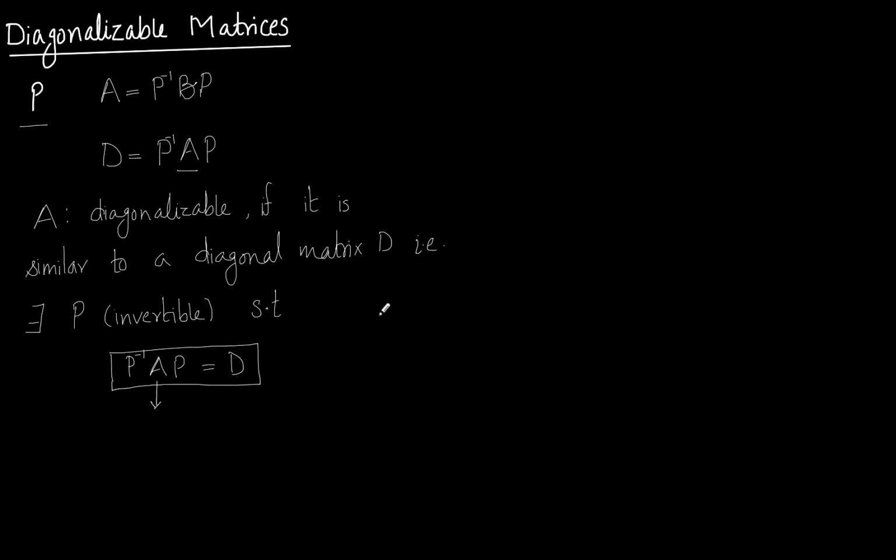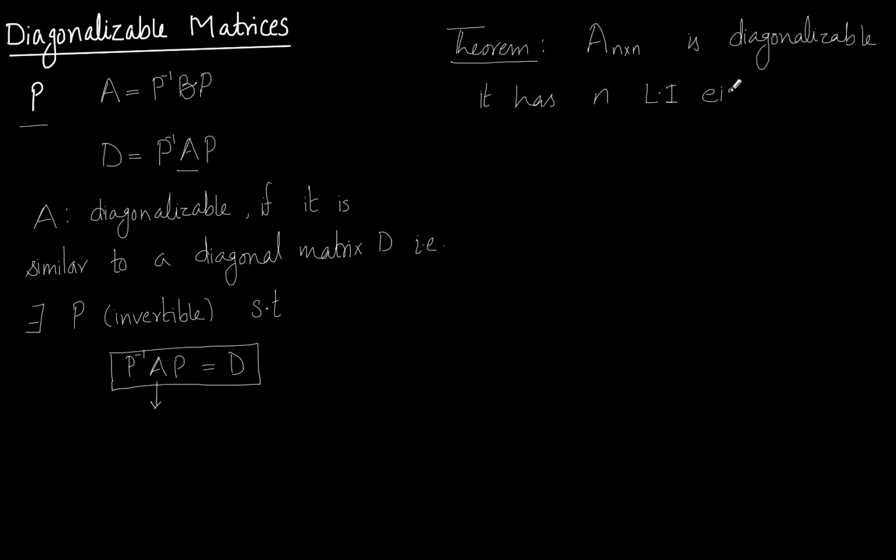So we have a very interesting result on the diagonalization of a matrix in the form of a theorem, which says that a square matrix A of order n is diagonalizable if and only if this matrix has n linearly independent eigenvectors.